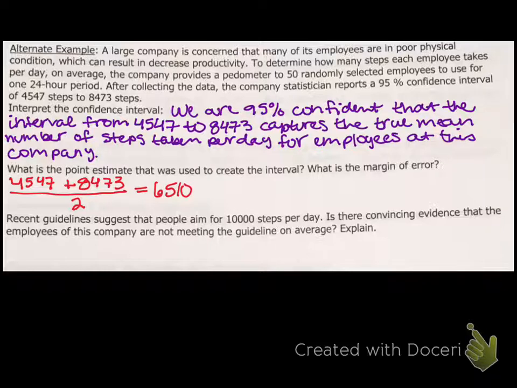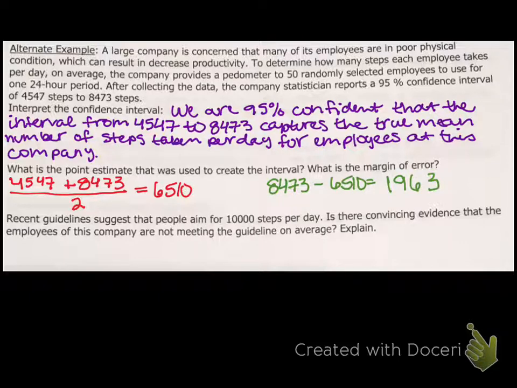So that gives me 6,510. That was the mean number of steps taken by these 50 people at this company. Now to find the margin of error, just take the 8,473 minus 6,510, and that gives you 1,963, and that's your margin of error. That's what you add to the 6,510 to get 8,473, or subtract from 6,510 to get 4,547.